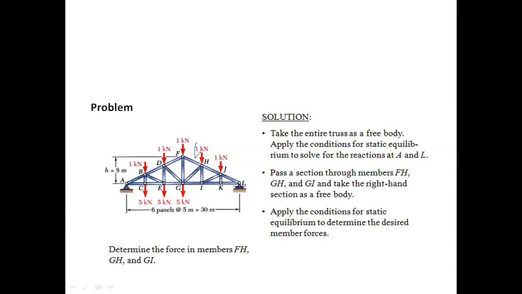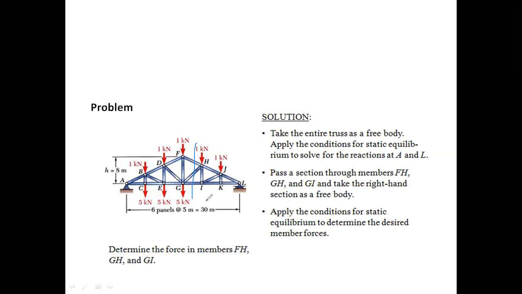You have to put the section like this, so FH, GH and GI are all cut. Pass a section through FH, GH and GI and take the right hand section as a free body diagram.